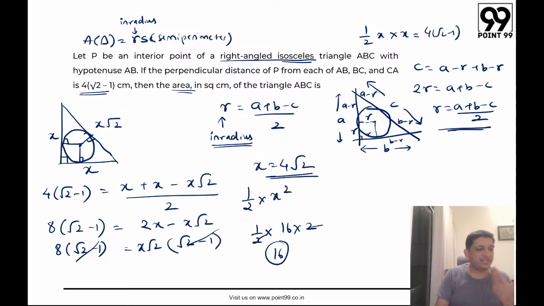Okay, this will also give the same answer. You will still be able to manage it, but because this term is slightly complicated, multiplying it with the semi-perimeter, which in itself will be x plus x root 2 divided by 2, then root 2 will cancel out and all those things will happen, it will become slightly painful. I'm not saying it will be difficult, but it has the potential to become painful. That is what I'm trying to say.